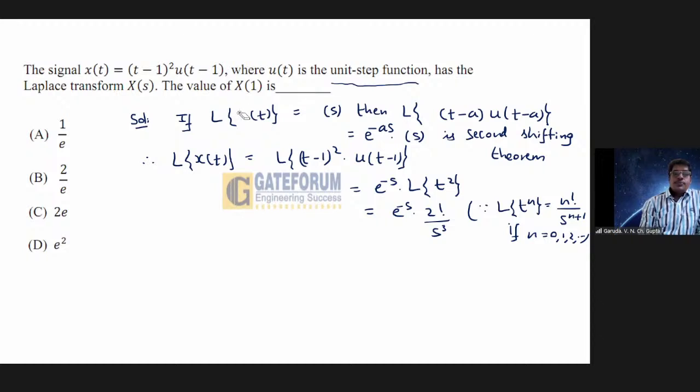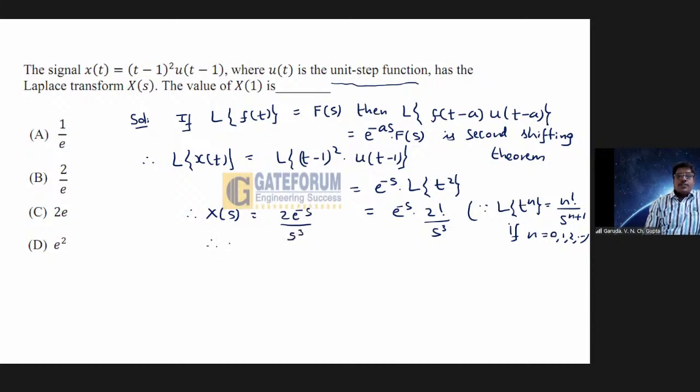Mathematical notation, L of f(t) is capital F(s), L of f(t minus a) is e power minus as times capital F(s). Because here in the problem x(t) itself is given as (t minus 1) whole square, that's why I changed the notation. So this is f(t minus a). Now, what is X(s)? Therefore, X(s) is the Laplace transform of x(t). So 2 e power minus s by s cube.